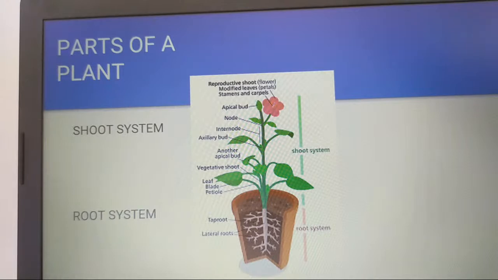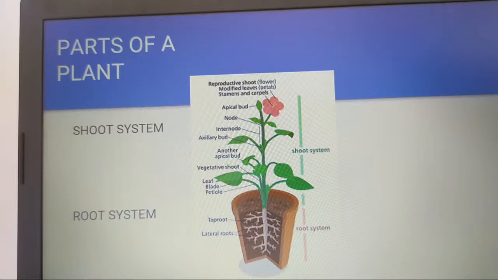Well, starting up with the different parts of a plant. As you know, there are various types of plants around us. Some of them are small, medium-sized, whereas others are big. They also show variations in their structure, shape, size, and color. Their leaves are of different shapes.